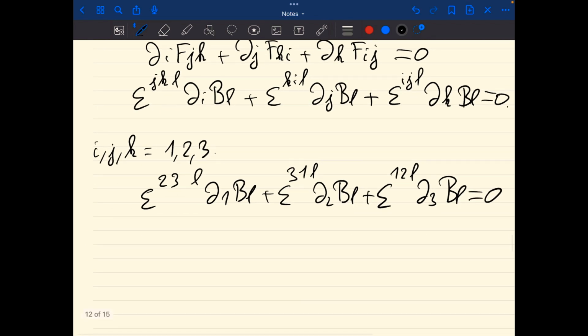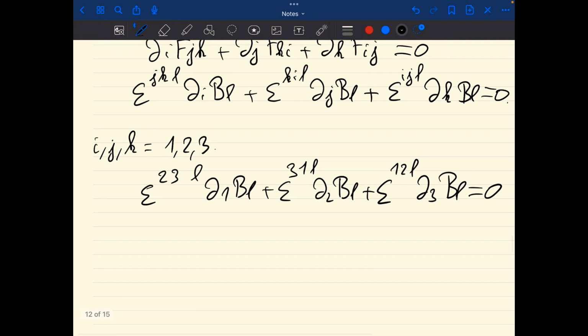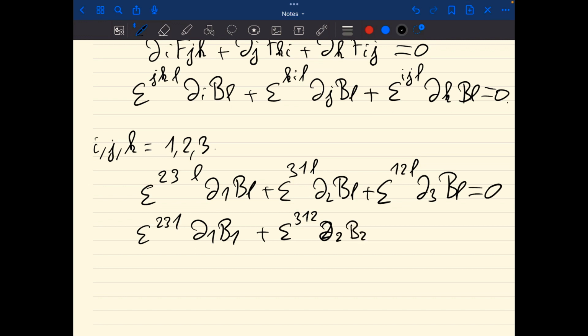Now, the first term is only non-zero when l is equal to 1. The second term is only non-zero when l is equal to 2. And you see you pick the same index as the derivative.